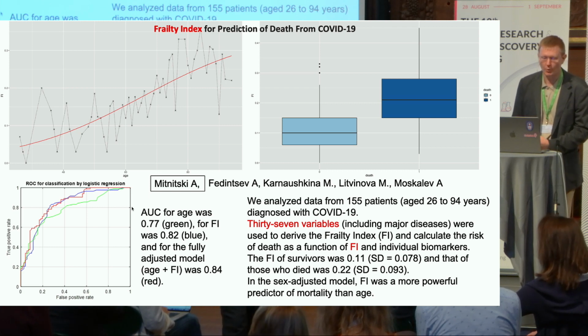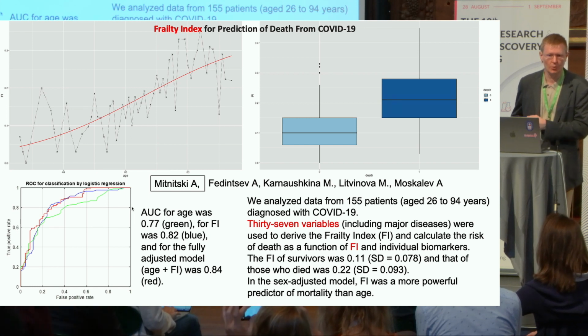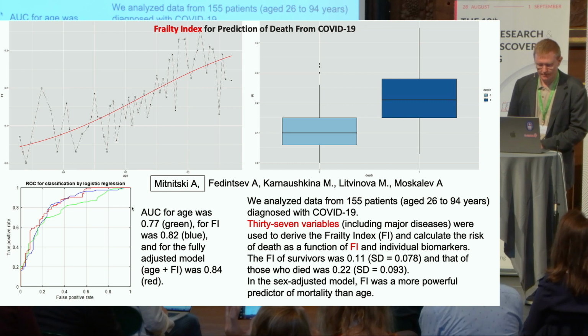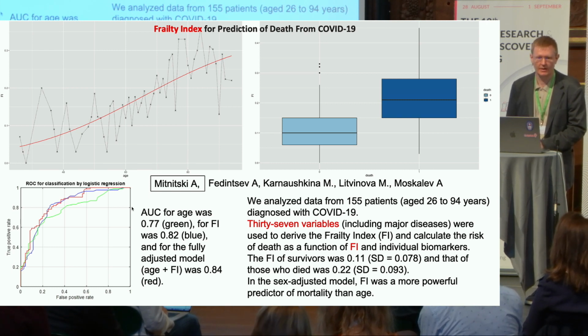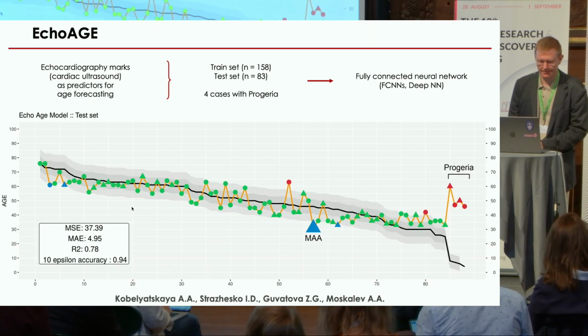This complex parameter was invented by Arnold Mitnitski and co-authors many years ago, and we observed that it was twice as low in survivors as in patients who died from COVID. This is a very powerful predictor of mortality, better than age and sex in these patients.